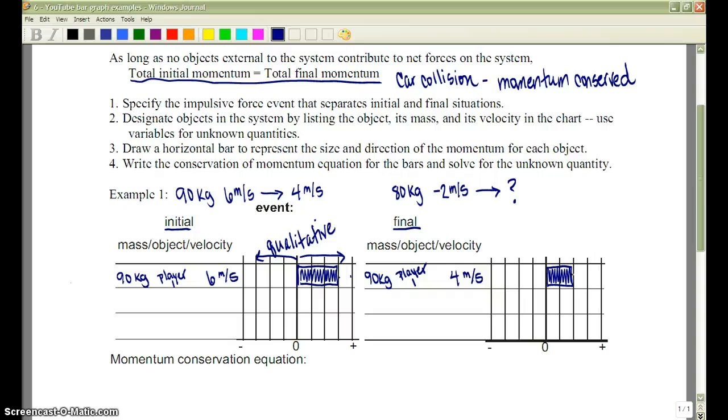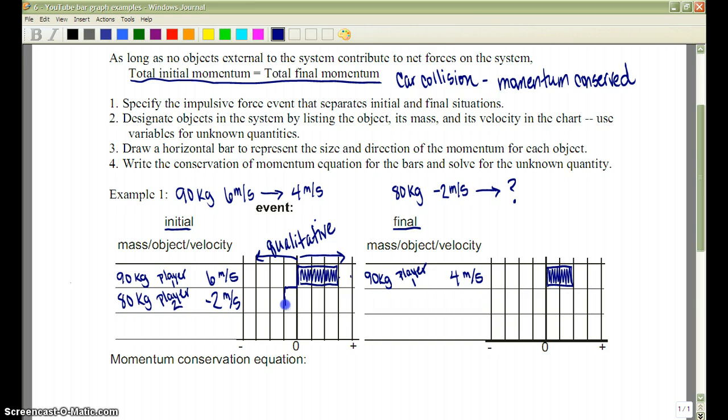Now I have to fill in the information for my other player, player number 2. My other player is a smaller guy at 80 kilograms. We will call him player number 2. Direction does matter. We need to make sure that we put 2 meters per second in the negative direction.